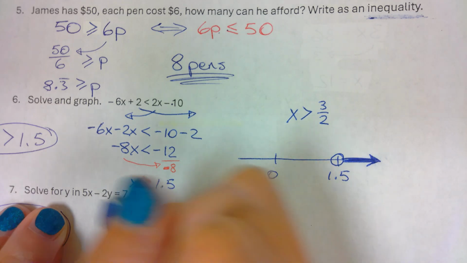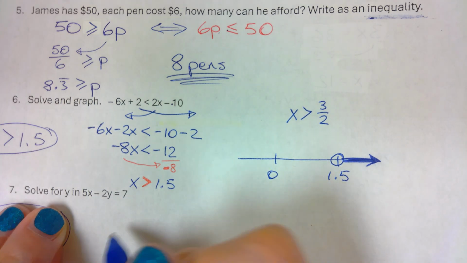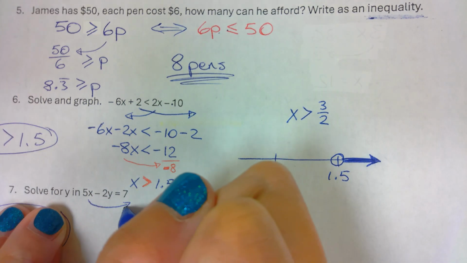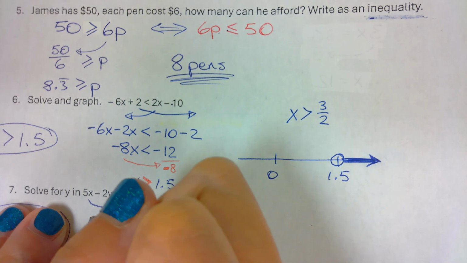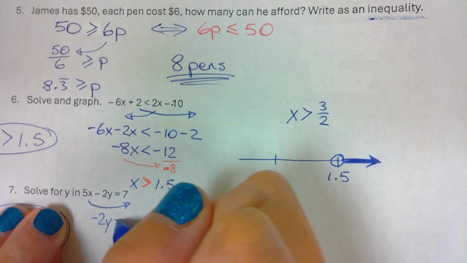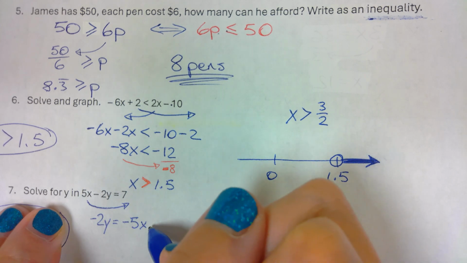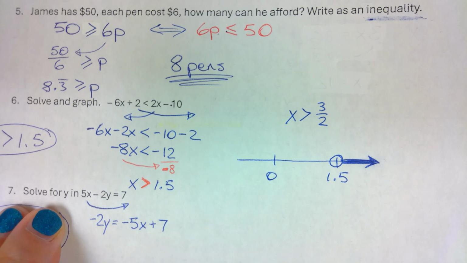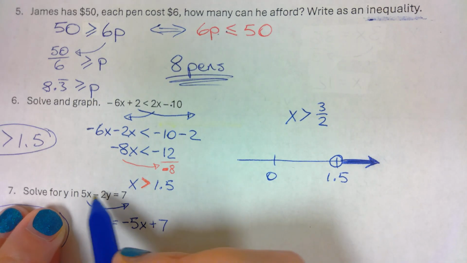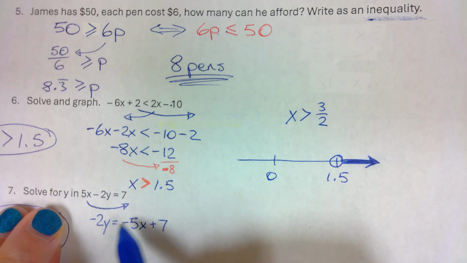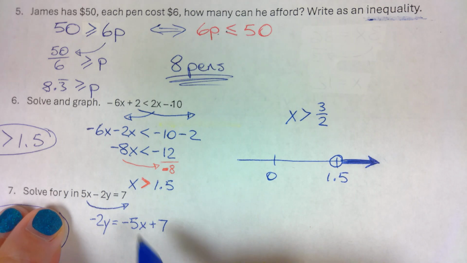So all we're doing is we're rearranging the equation. So when you move that 5x over to the other side, it becomes negative 5x. Okay? Doesn't matter if you put 7 minus 5x or negative 5x plus 7, it's the same thing. Okay, so you can put it behind or put it in front as long as you're changing the sign of the 5x and not the 7.